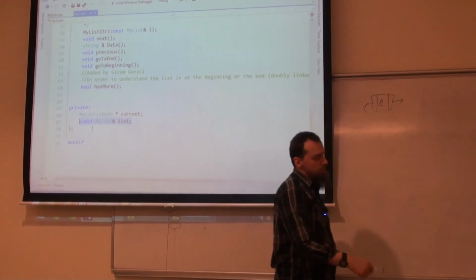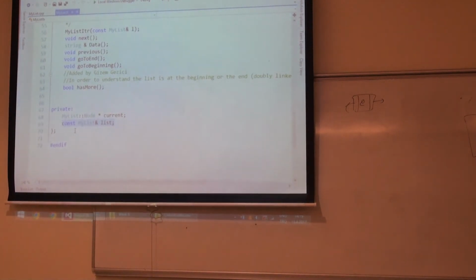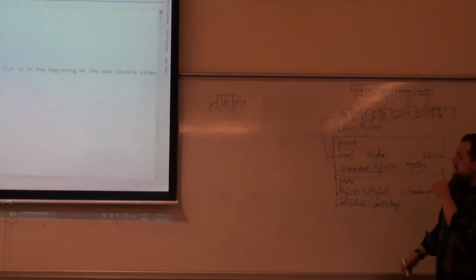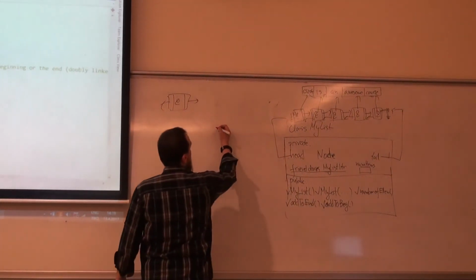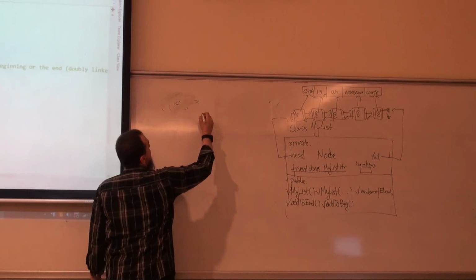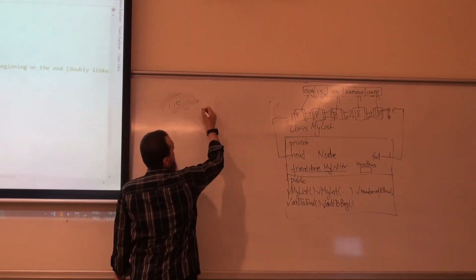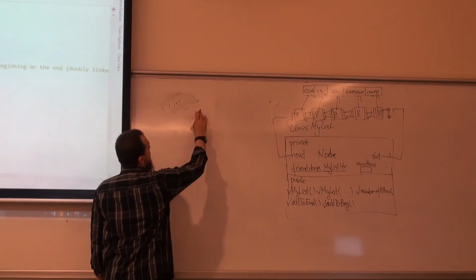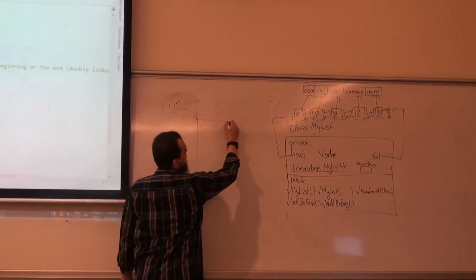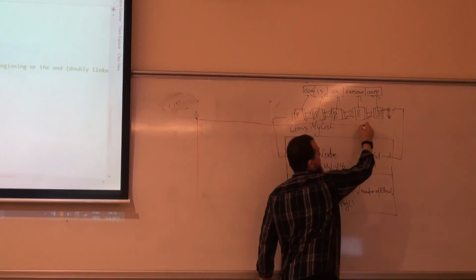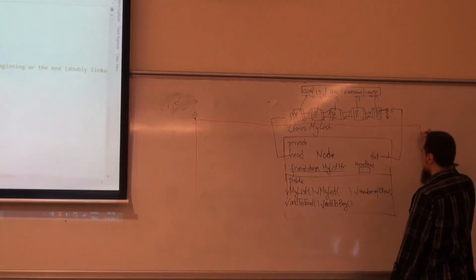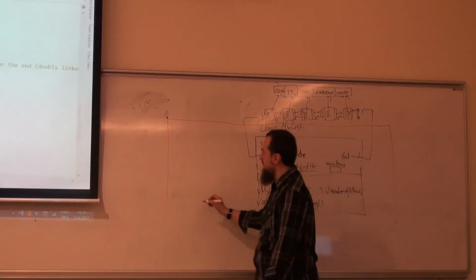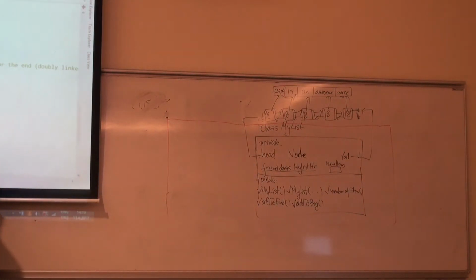Okay, so how does it look like? It's a bit weird, I might say. That's why I'm going to draw it here. Okay, so this is my class, my list iterator. It has a reference to a list.